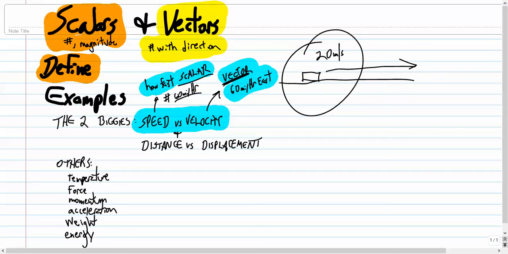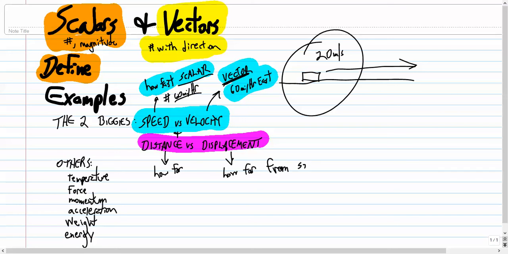And the other big one is distance versus displacement. Distance is just how far, and displacement is how far from someplace. So if I say I'm 17 miles from home, what's that?